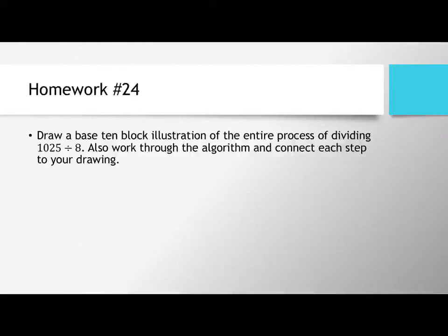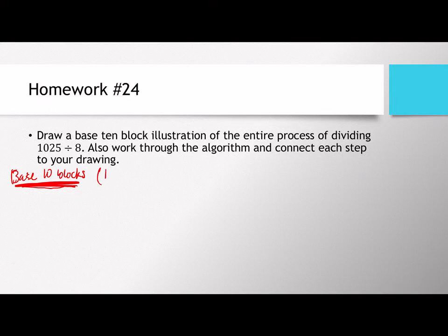So in this one, we're going to draw a base 10 block illustration of the entire process of dividing 1025 by 8. We're going to work through the algorithm and then connect the steps to our drawing. Okay, so we're doing base 10 blocks. With base 10 blocks, we're going to have to use a key.